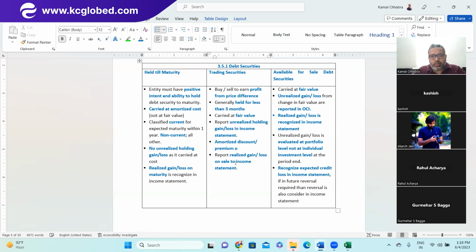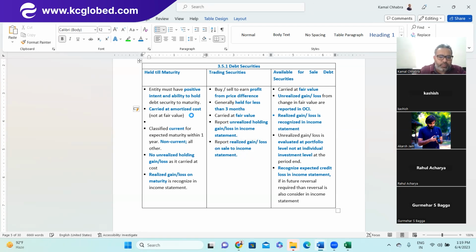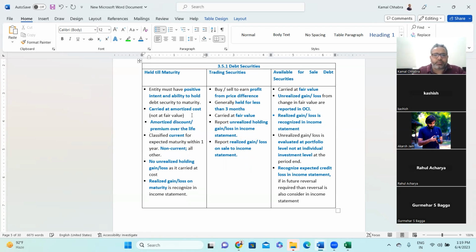I think this point should go here. Right, you are right. It might be a typo from the start. Good point.